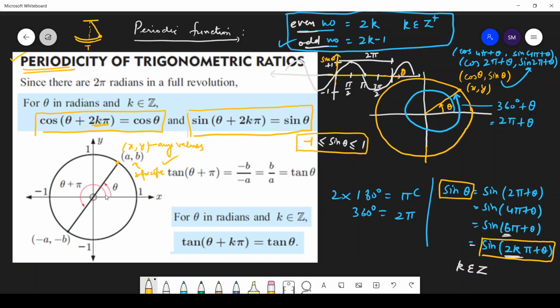So now we have these coordinates, this is A and this is B. Now on the opposite side, this will be -B, and this point will be -A, isn't it? So the coordinates will be -A and -B.